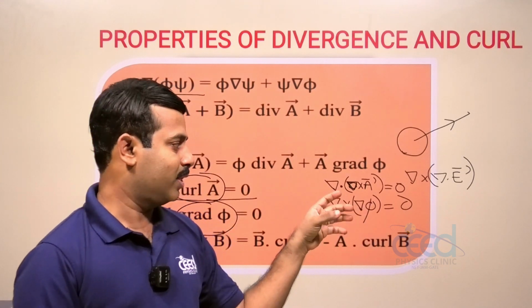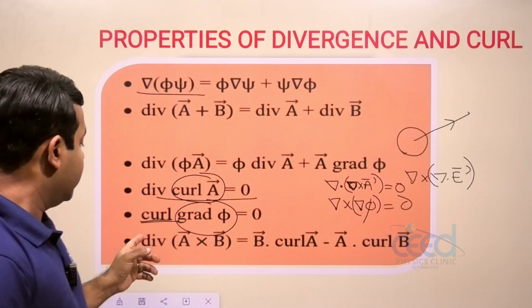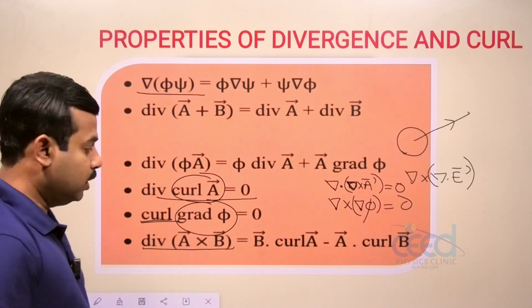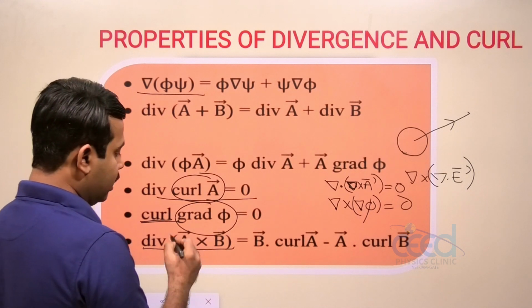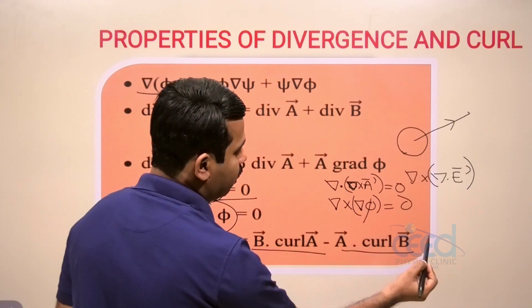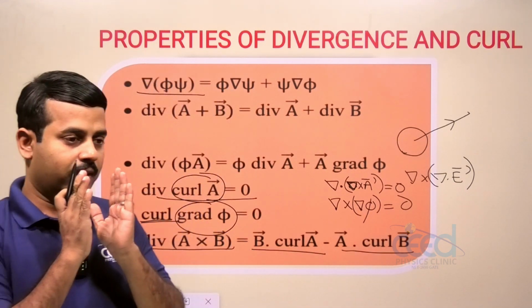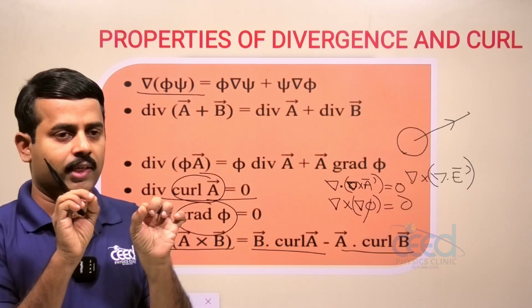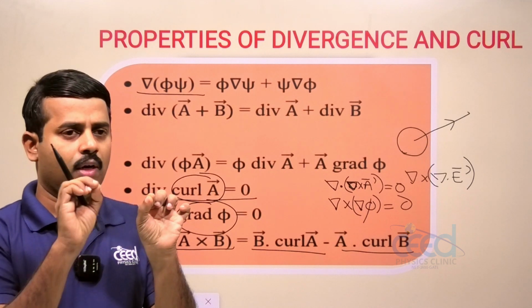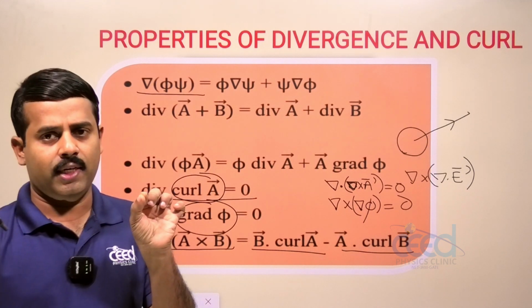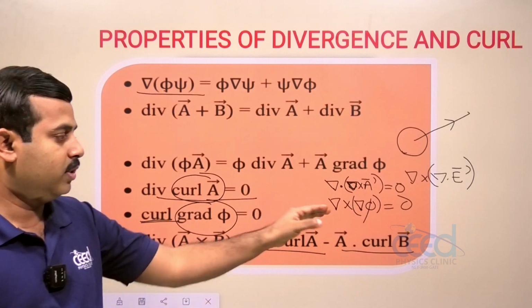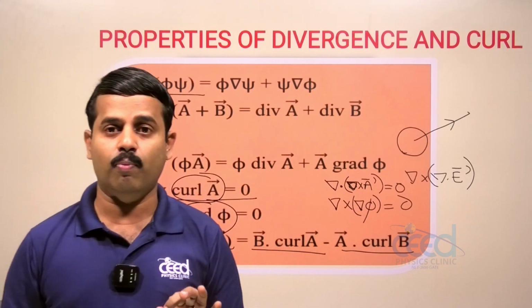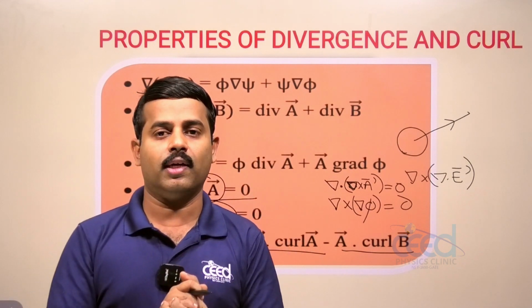So finally, div of A cross B equals B dot curl A minus A dot curl B. So the divergence of the cross product of two vectors is the second vector into the curl of the first vector minus the first vector into the curl of the second vector. These properties help you to solve problems. You should also know this by heart.